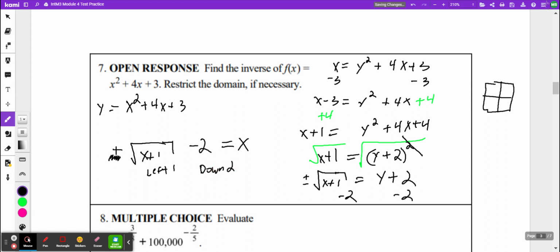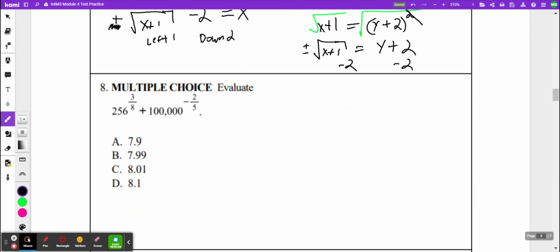Let's go on. So it says right here, hey, evaluate this. So it says 256 to the 3/8 plus 1,000 to the negative 2/5. So what I'm going to do is figure out 256 is what times what times what. Now, I do believe I've already done this previously, and I know that the eighth root of 256 is equal to 2, because it's 2 to the 8th power, and then I have this 3 right there.